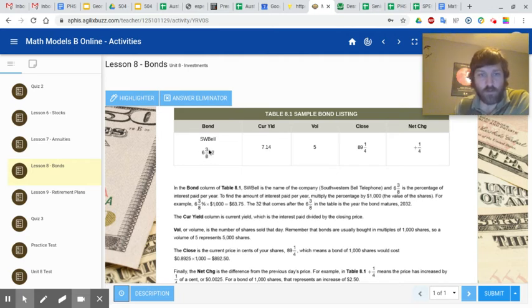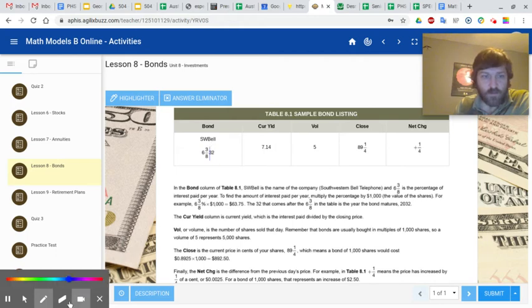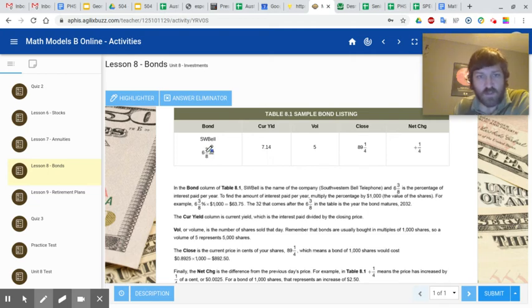This is a little bit confusing, but there's two separate numbers that you're dealing with here. One is the interest, which is right here, 6.38. So that's the percent of interest paid per year. So remember, this is a percentage, 6.38%.